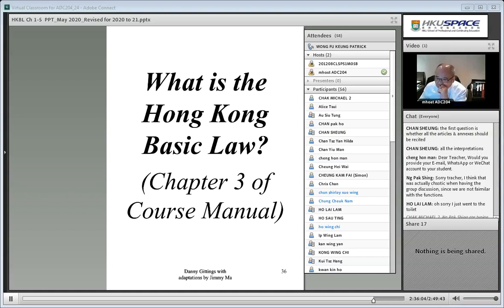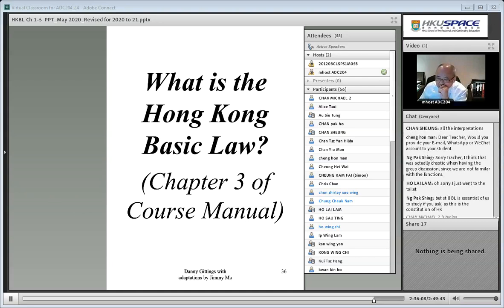I think learning basic law is learning the Hong Kong Constitution law. It's Hong Kong's constitution. Yes.